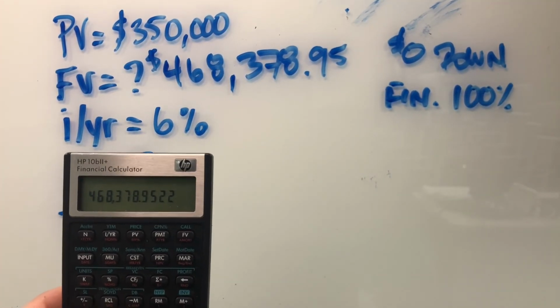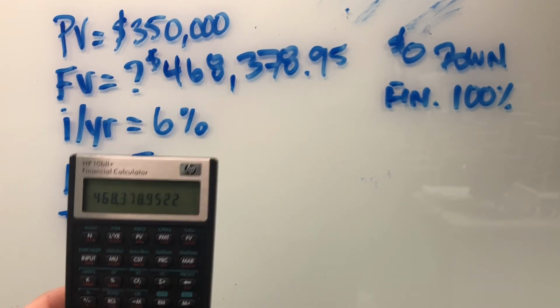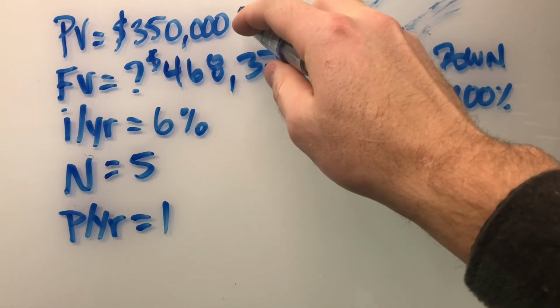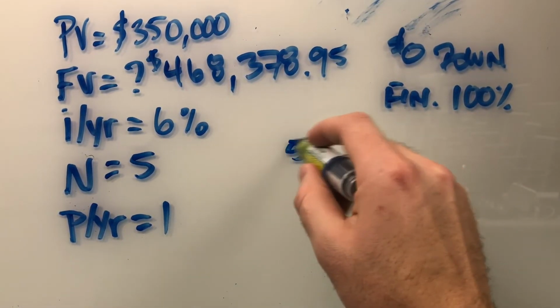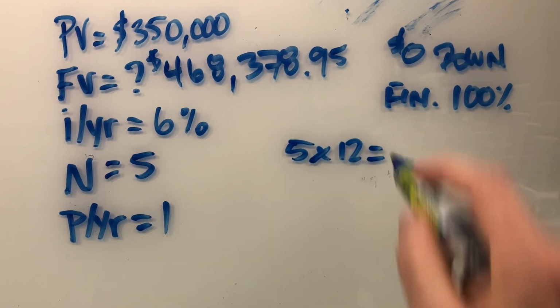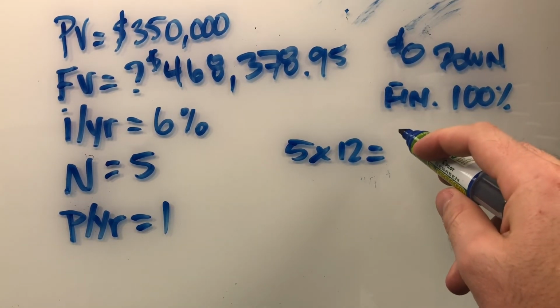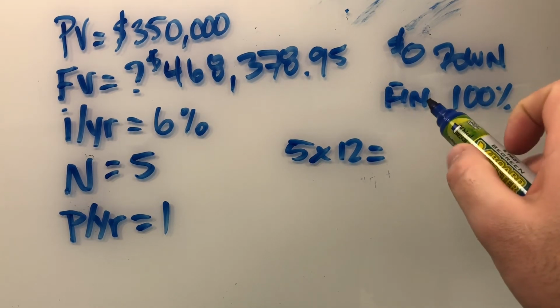This is going to be for a future lesson, but over 5 years, you're going to be paying monthly, so 5 times 12, you will have made by that time, 60 payments.